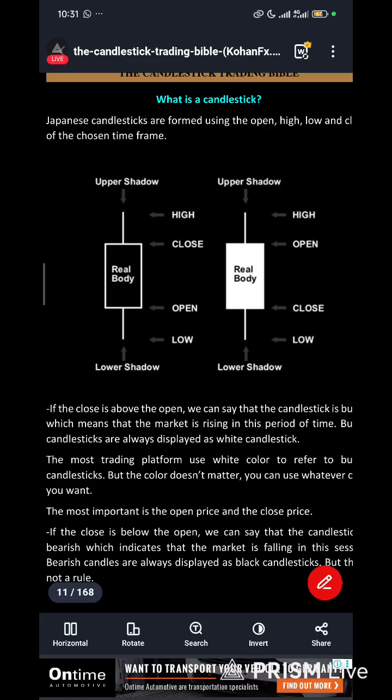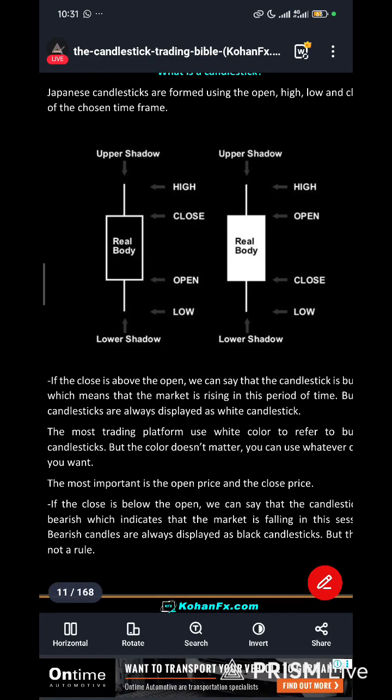We have seen the real body, the high, the low, the open, and the close. This other one, also at the right hand, open, high, close and low. This one is the real body.